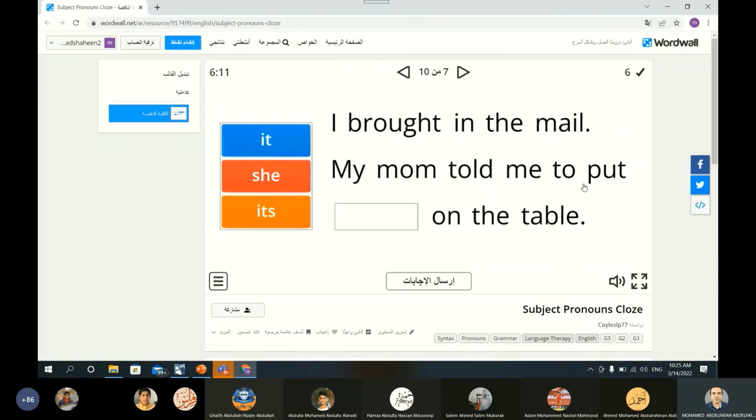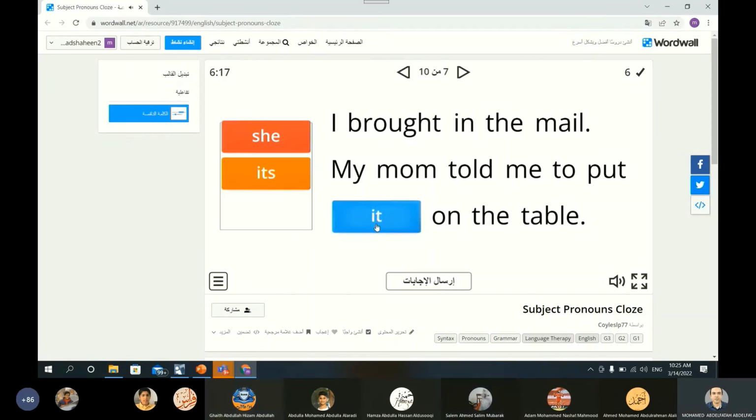My mom told me to put the mail on the table. Put it. The mail and it are the same thing. Students, the subject pronoun and the object pronoun are the same thing. I brought in the mail. I put it on the table.